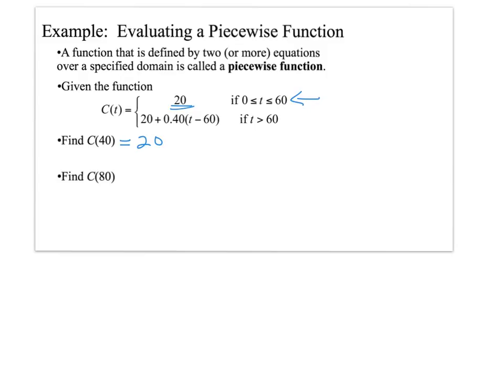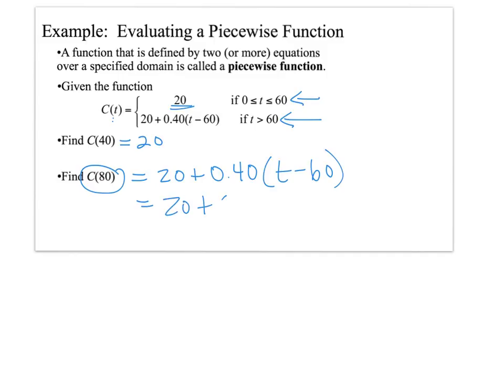If we are looking at a t value, I should say in this case, then t is greater than 60, so it lies within this domain. When we evaluate it, we use that second equation with t minus 60, because again 80 falls within t is greater than 60.